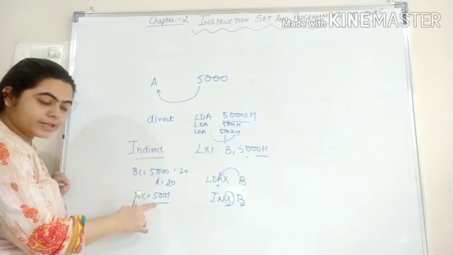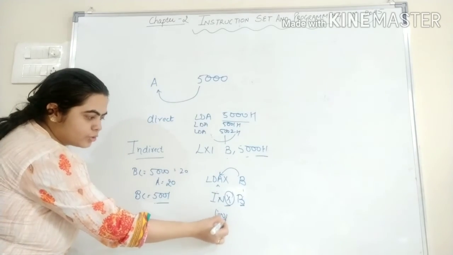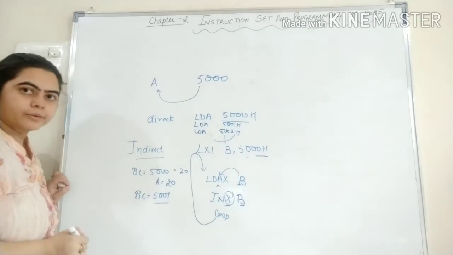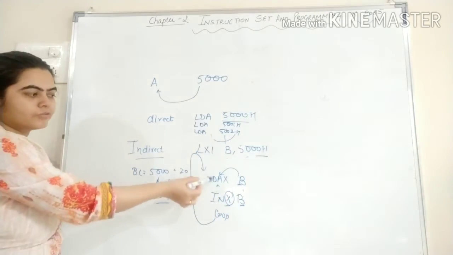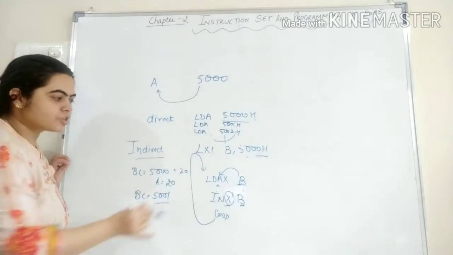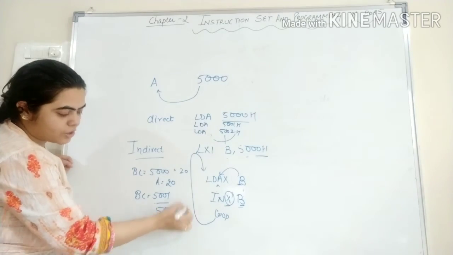So now students, BC is loaded with 5001, and from here we can start the loop. This loop goes back again, and after incrementing BC, the content of the next memory location will be loaded into the accumulator. After loading, BC is incremented again and becomes 5002.